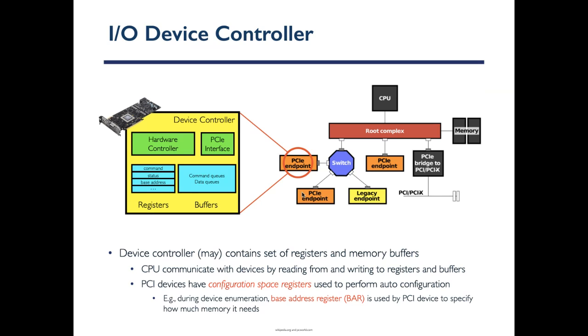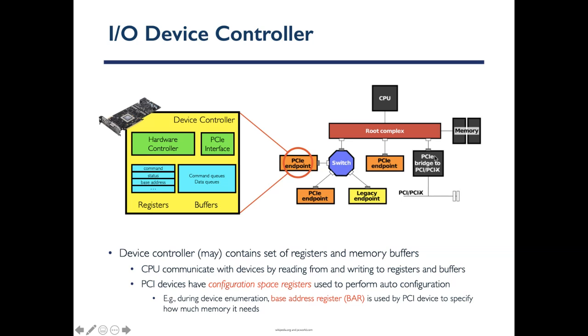Okay, so here what you see is a typical architecture for PCIe. As I mentioned, you have a switch that connects your PCIe endpoint to the PCIe bus. So you could have different endpoints connected to your switch. You usually have bridges if you want to connect other buses or other technologies to your PCIe bus.